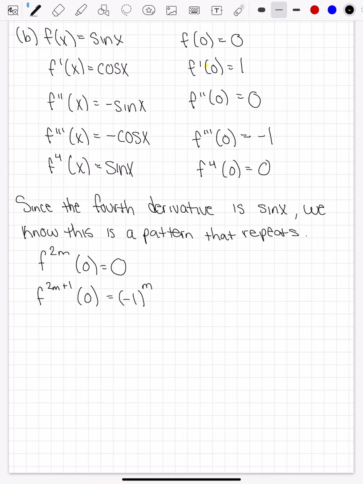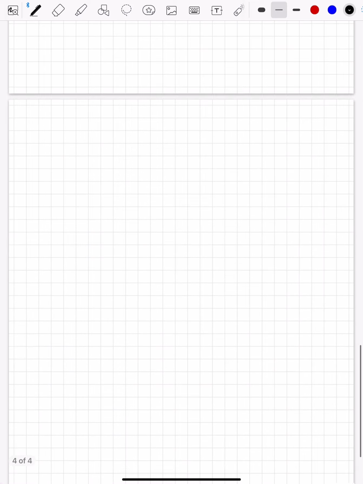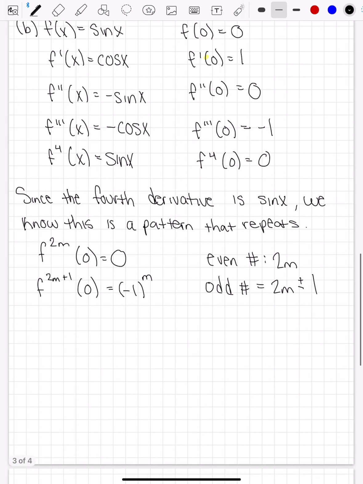So we need to make sure we have that alternating sign there. Just remember, as a side note, even numbers are represented by 2 times a variable, and odd numbers are represented as 2 times a variable plus or minus 1. Either way you want to do it. I usually use plus, but people sometimes use minus as well. They both mean the same thing.